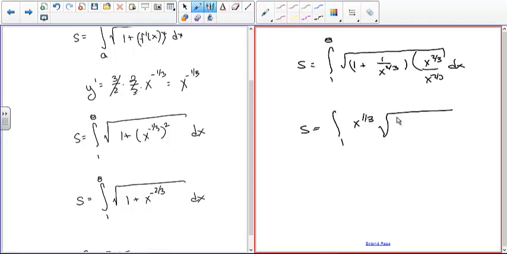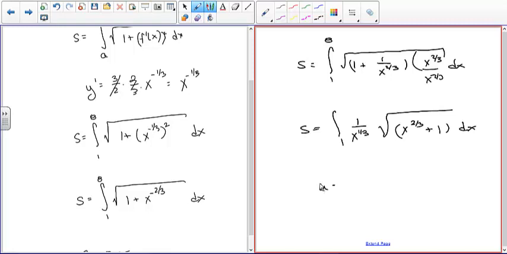I've just got to remember how to do this. Okay, so now let's factor out the x to the 2/3 that's in the denominator. So you'll get 1 over x to the 1/3. So when you multiply this, you'll get x to the 2/3 plus 1. Is that right? So this comes out. Take the square root, becomes that. This times that becomes x to the 2/3. X to the 2/3 divided by x to the 2/3 becomes that.